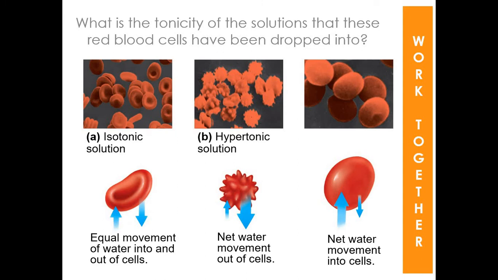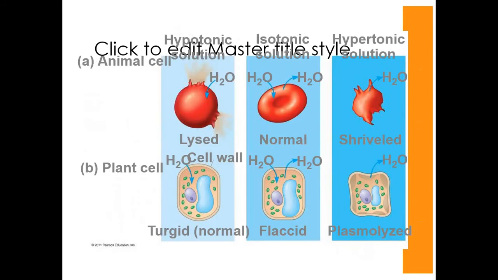In a hypertonic solution, the water movement will be greater out of the cell, so the cell will shrink because there is net water movement out of the cell. But in a hypotonic solution, water flows from outside to inside, so the cell will swell and burst, di ba?